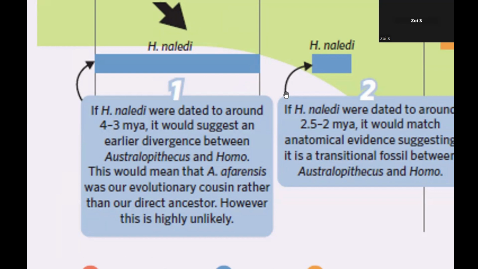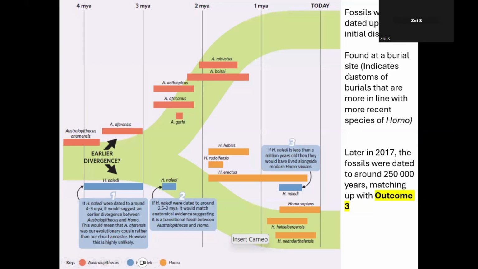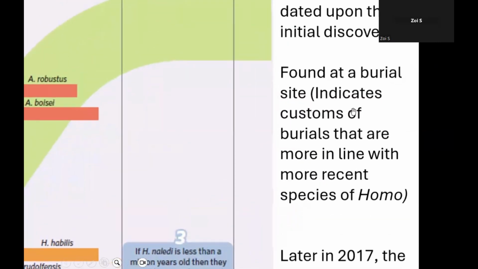However, this was a very unlikely outcome due to certain things that we were able to find, because one piece of information that was also important to consider is how they were buried. When these bones were found, it was in a burial site.